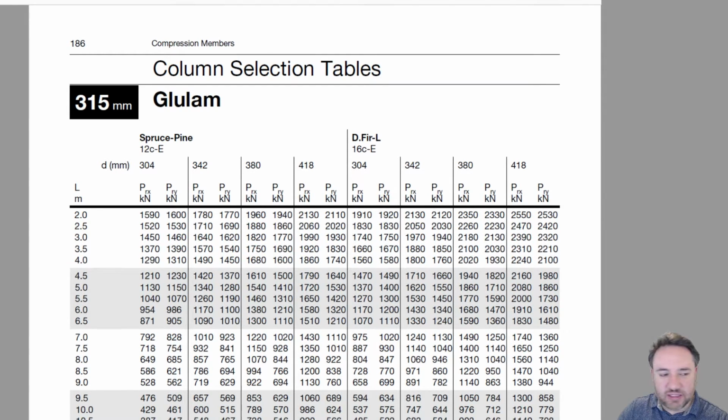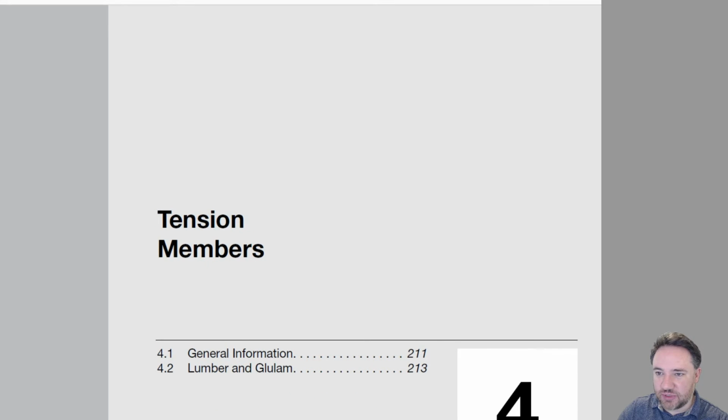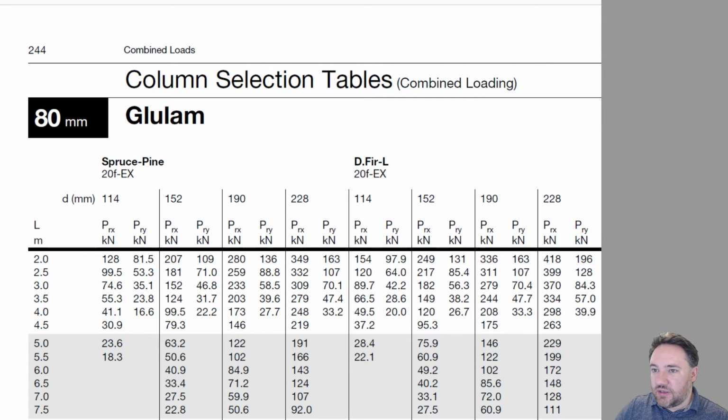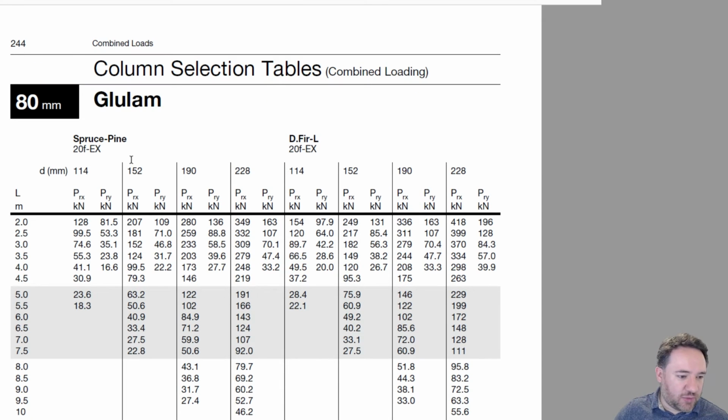Well, in the standard, there is a section provided. Bending members is 2, compression members 3, tension 4, and 5 is combined loads. It doesn't give a beam-column table per se, but if I go to the right table in this section, on this page, it gives us a column selection table for beam type grades.